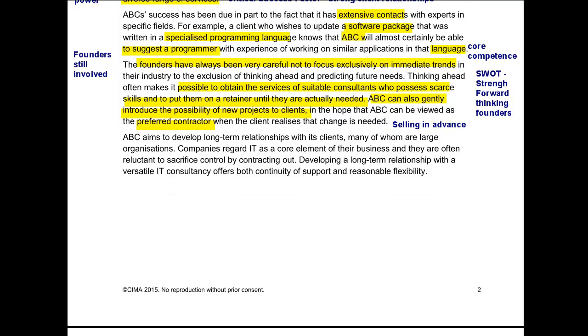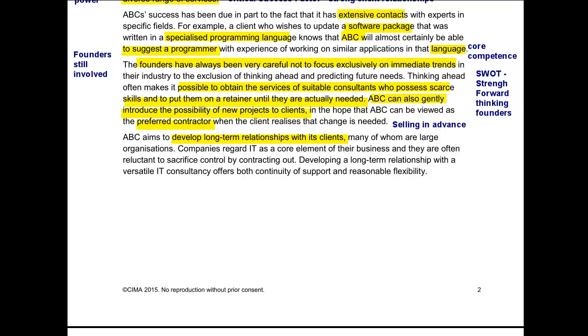So let's move on to the final paragraph on this opening page then. So it talks about summarizing the position of the company insofar as they look to build long-term relationships with their clients. Now, as we've already gone through several times, this is one of their key factors regarding growth.